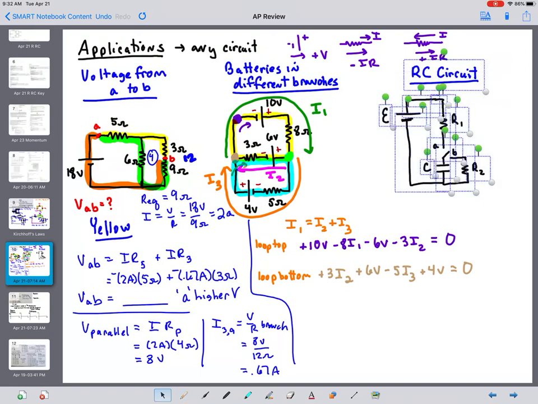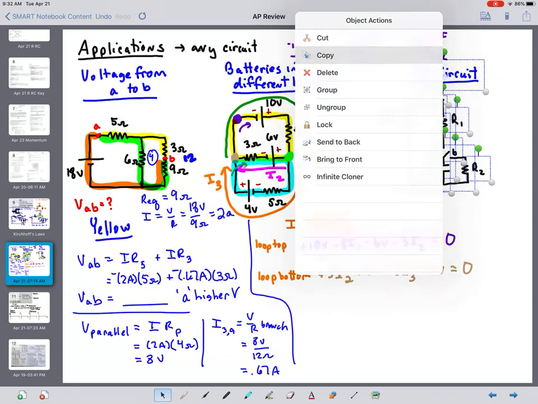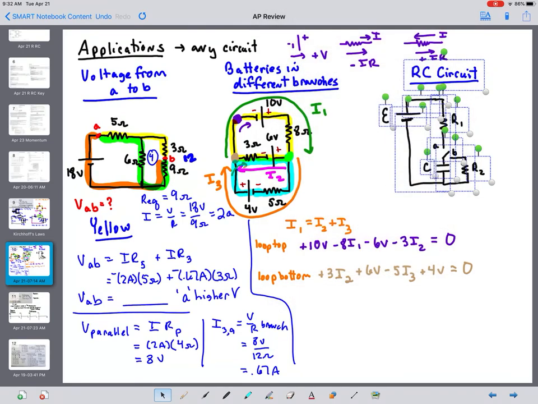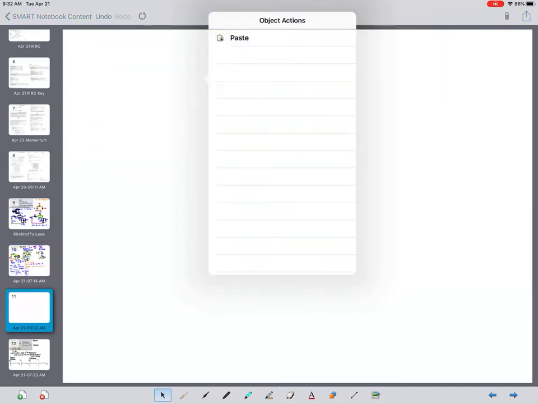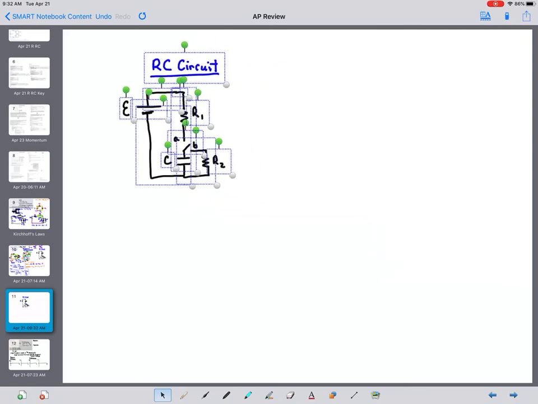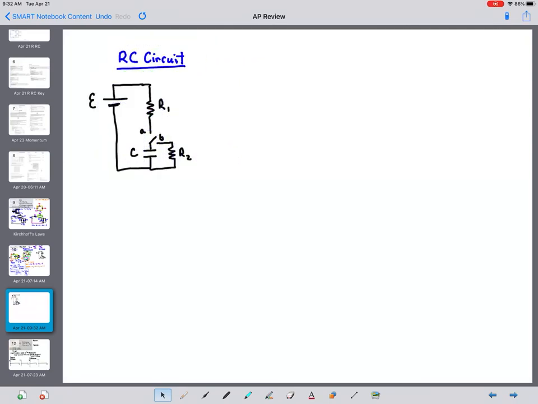RC circuits. I have run myself out of room, so we're going to cheat and pop this over to a new slide. So, RC circuits. That's another place that you use the logic of Kirchhoff's laws. Here we have a resistor and a capacitor.